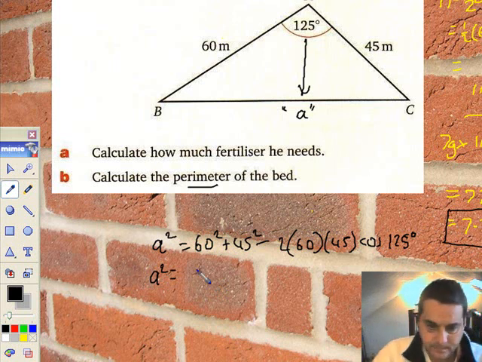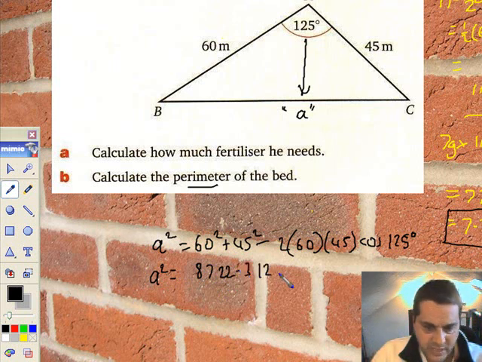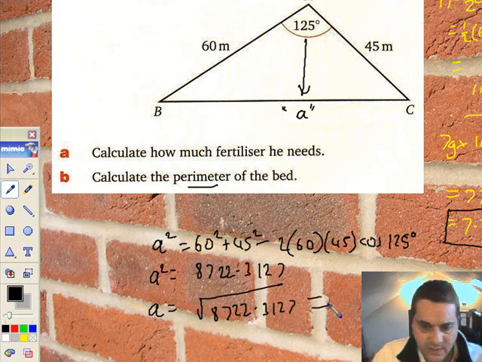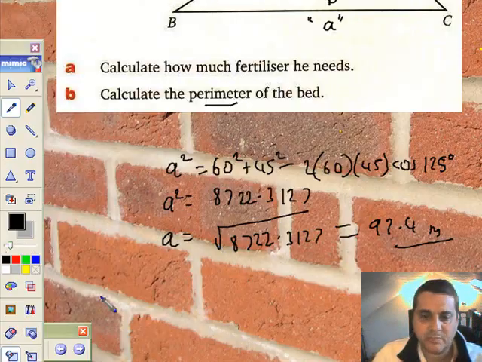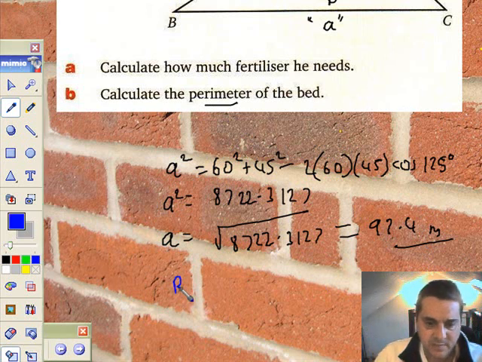I have got 8,722.3127, and A on its own therefore is going to be the square root of that. So A is going to be, just wait for it, 93.4 meters.